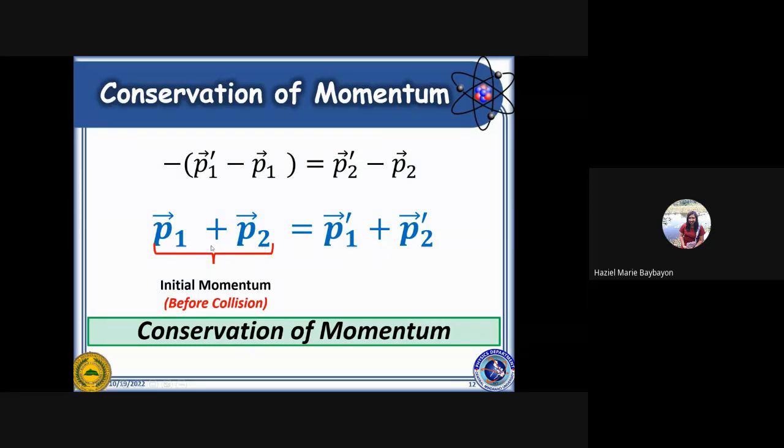The left hand side of the equation is the initial momentum, before the collision, and the right hand side is the final momentum, after the collision. So we just derived the conservation of momentum using the definition of impulse.